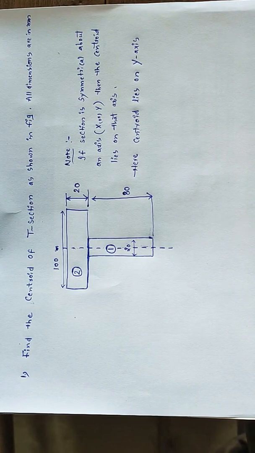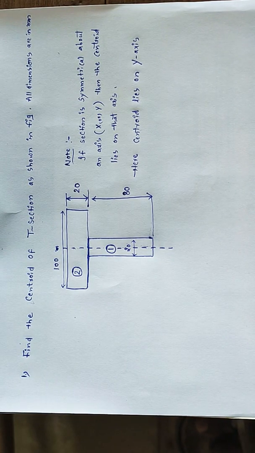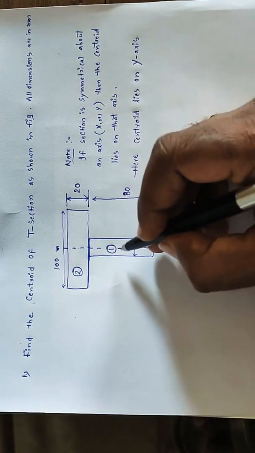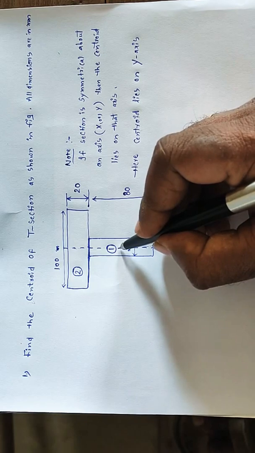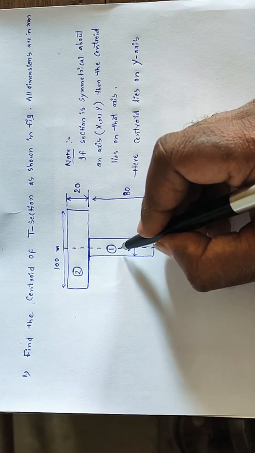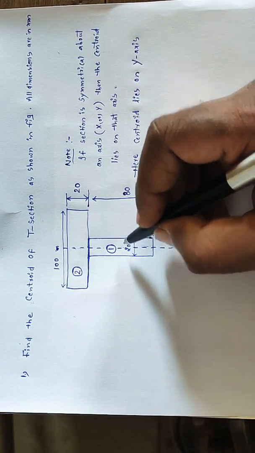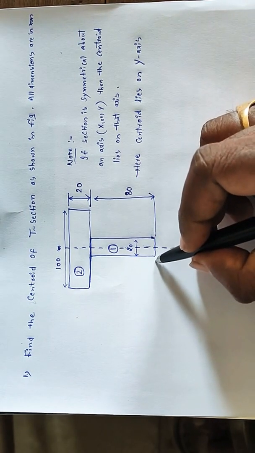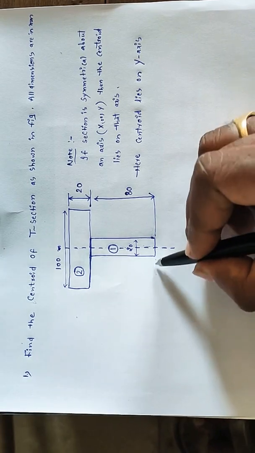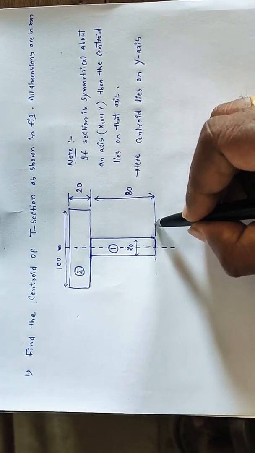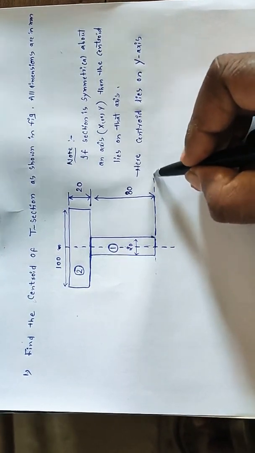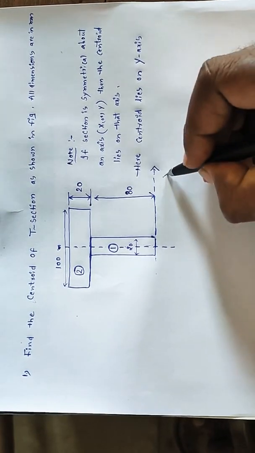So we know one condition, that the centroid lies on the y-axis. Now what we have to do is find the position of the centroid on this y-axis. For that you have to calculate centroidal distances from the x-axis. So here we are drawing the x-axis.